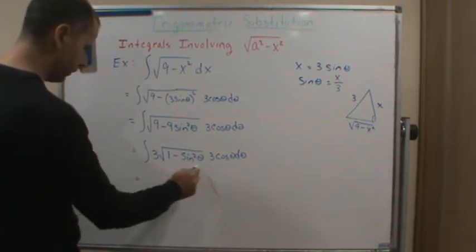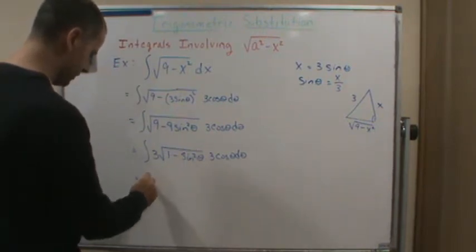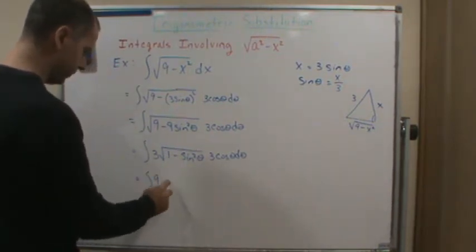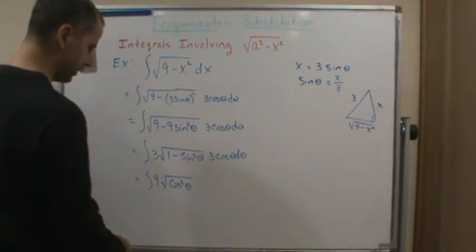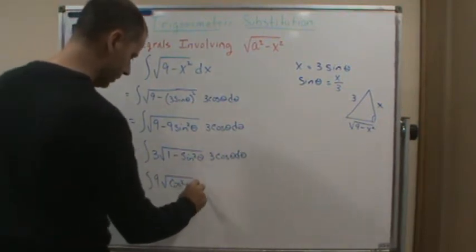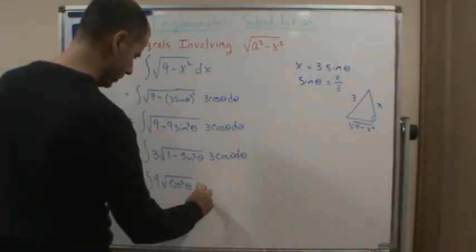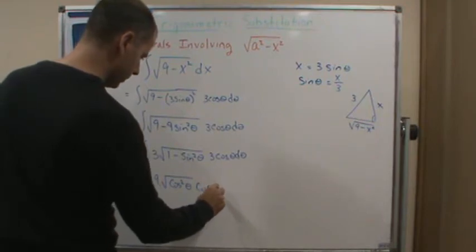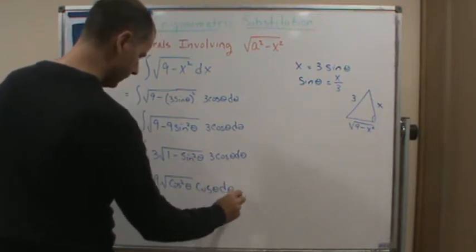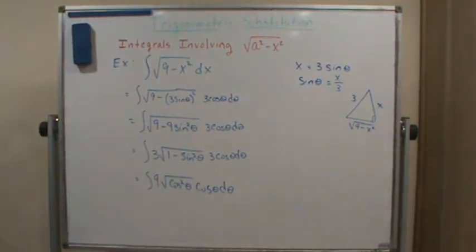And then I'm going to use the identity here. So this gives me 9 times the square root of cosine squared theta times cosine theta d theta.